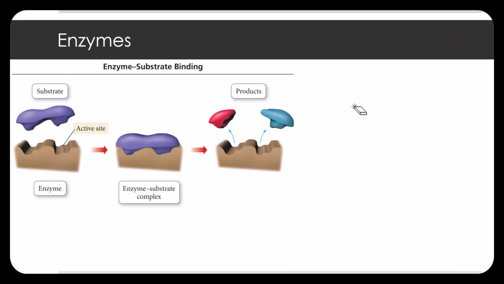Another place that you'll see catalysts is in biochemistry or biology, things like enzymes. Enzymes are little sites within a cell, within tissues, wherever, and those sites have a very specific shape or orientation. Some substrate or molecule will come into that active site.